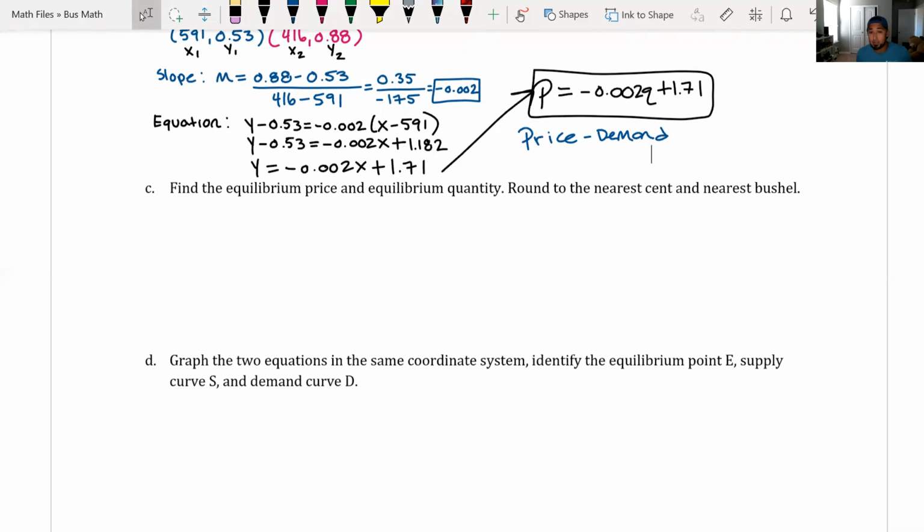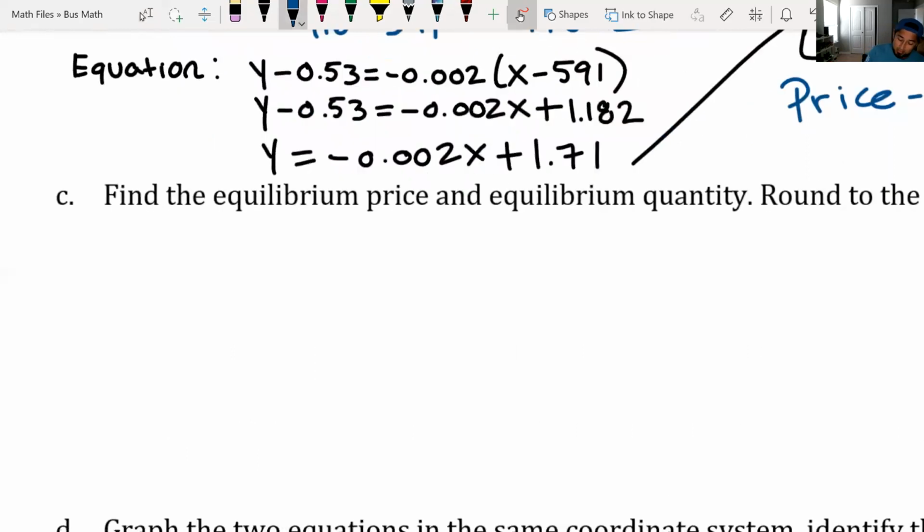So all we have to do is take the price supply equation and set it equal to the price demand equation. Well, it's a good thing we have those equations.